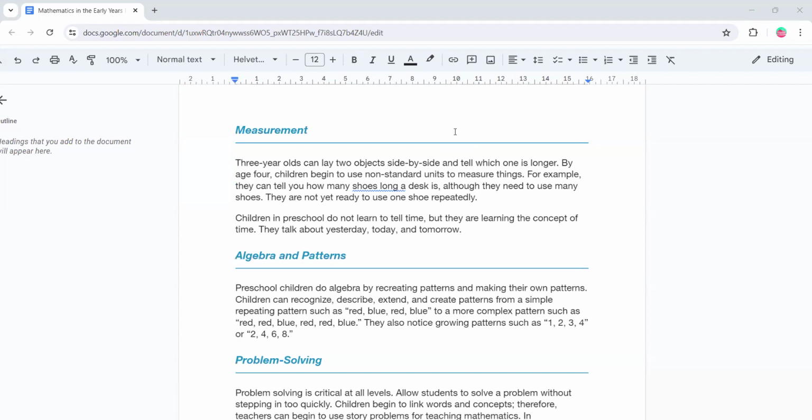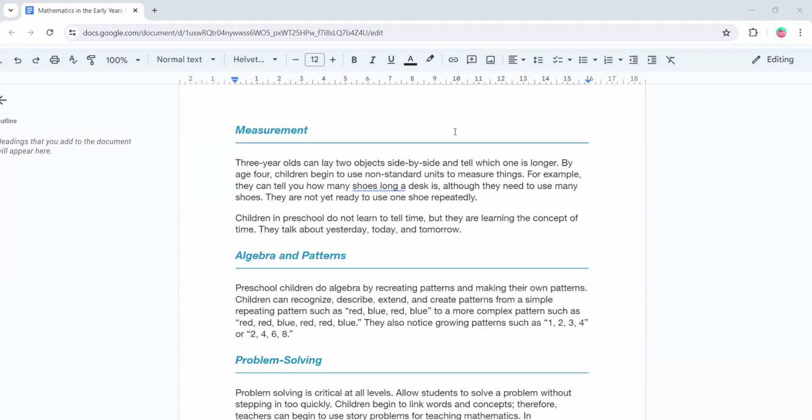Children in preschool do not learn to tell time, but they are learning the concept of time. They talk about yesterday, today, and tomorrow. So these are several ways in which children in preschool integrate measurement into their life. Not actually with time, temperature, length, distance, but in small things they can understand, they integrate them into their education.